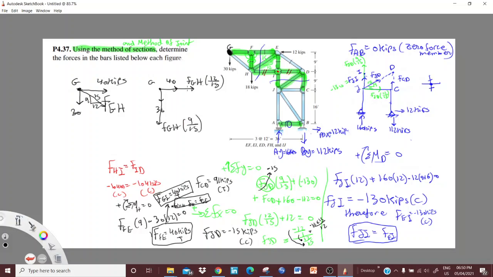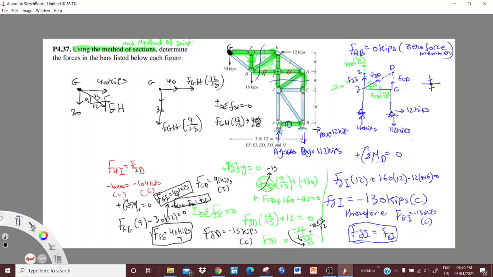Can we say summation of Fx or Fy? As you like. Let's assume summation of Fx equals 0, right way is positive. So FGH times 12 over 15 plus 40 equals 0.